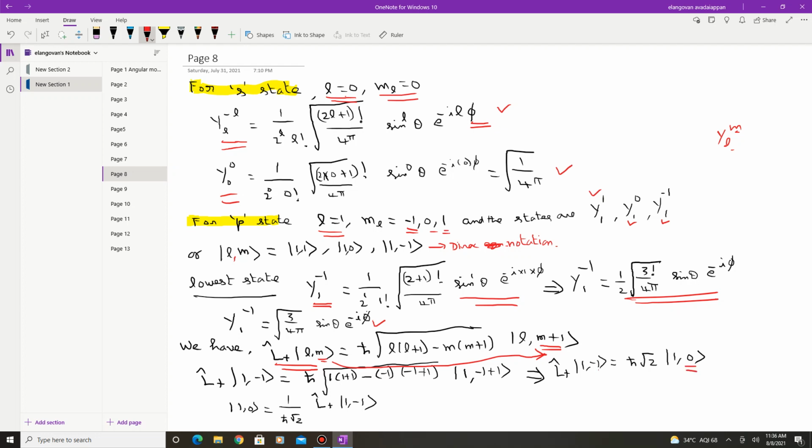So from minus 1 to 0 it is raised. So the state m is raised. So from this, ket 1 comma 0 can be determined by taking ket 1 comma 0 to one side and the remaining factor to the other side, you get this expression.